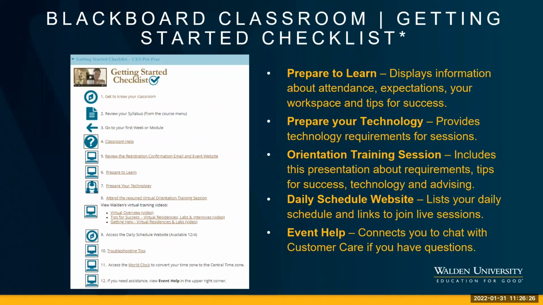For our lab students, so our CES residency, pre-practicum, and social work skills lab students, your Getting Started checklist looks a little bit different. It does contain all of those sections that I just covered, as well as the daily schedule website information and event help.